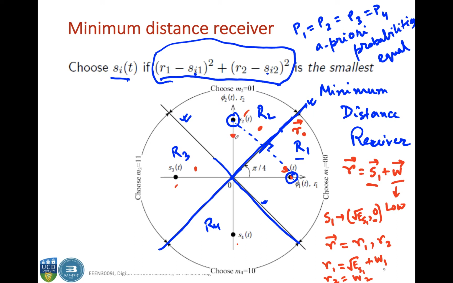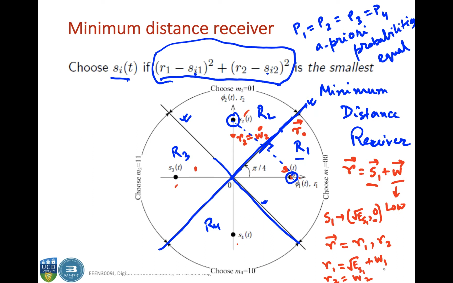This is my value of R2, which is equal to W2 now. And let's say my R1 component, which is square root of E plus W1, is here.